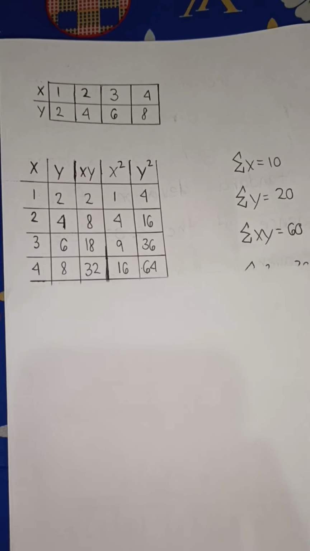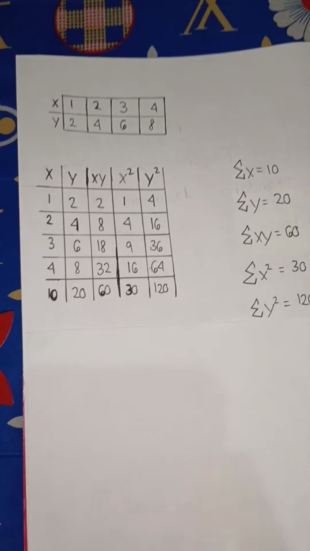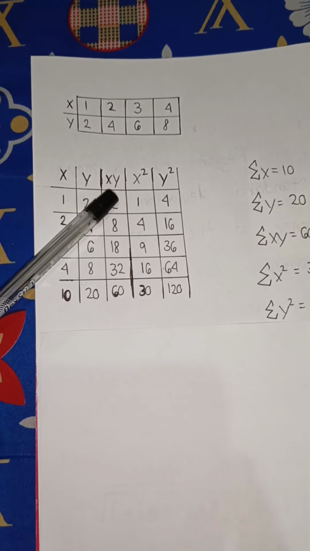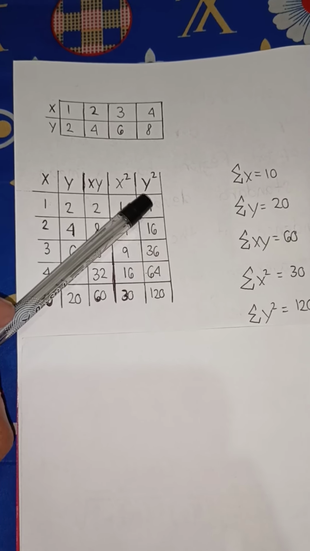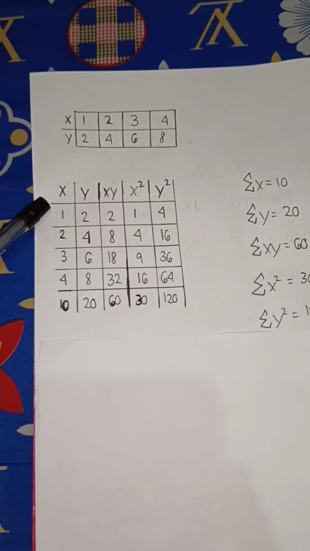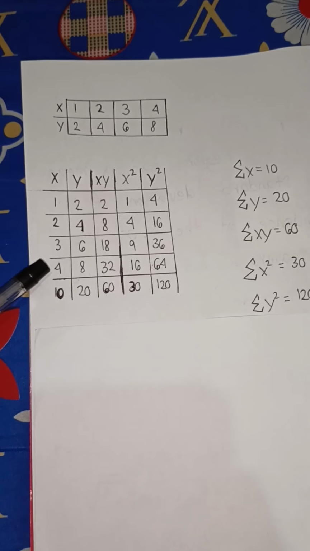In this video, we will calculate the correlation coefficient of x and y. Then we will make a table for x, y, xy, x squared, and y squared. The numbers of x here are 1, 2, 3, 4.